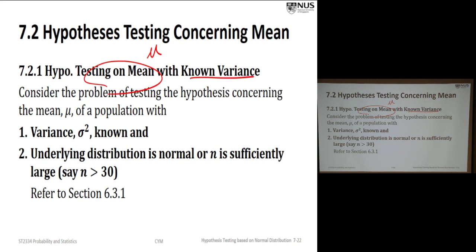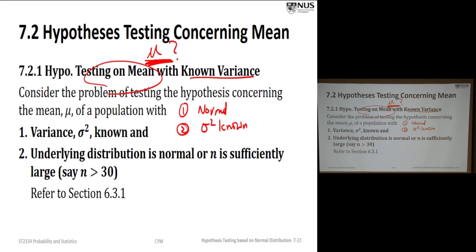In this scenario, remember there are three things, right? Whether it's a normal population, what's the second one? Whether other parameters are known or not. Here we are talking about a statement concerning mu.